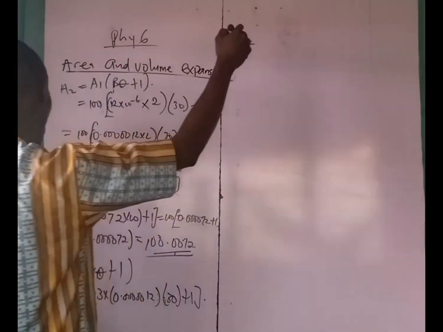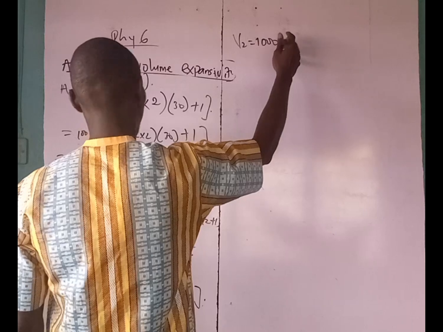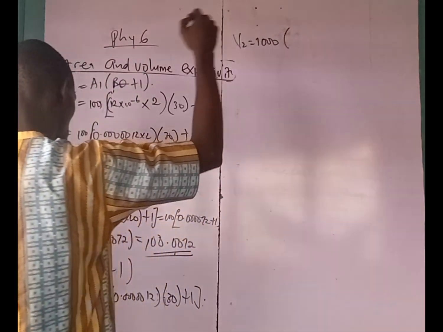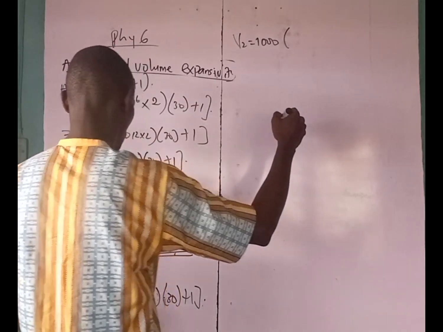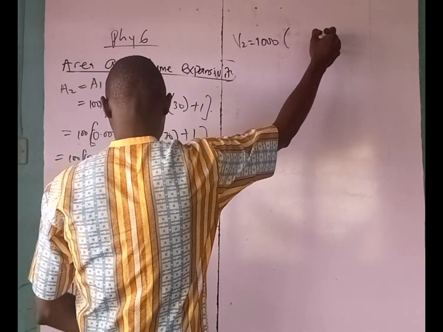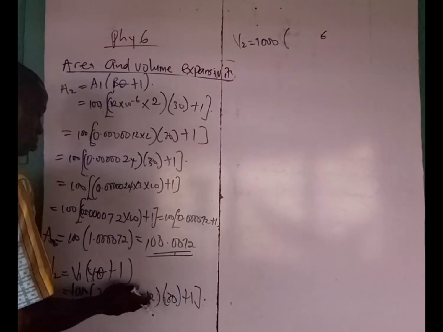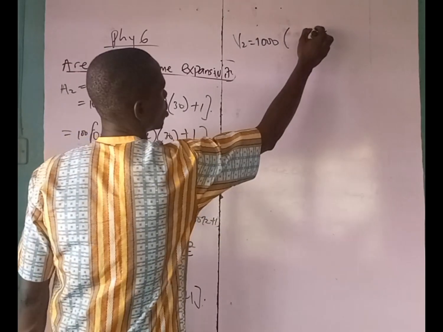V2 now is going to give us 1000 into 3 times this, that's what? 3 times 12 is 36, 3 times 2 is 6, 3 times 1 is 3.